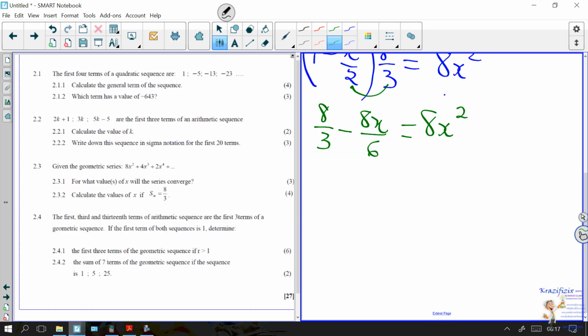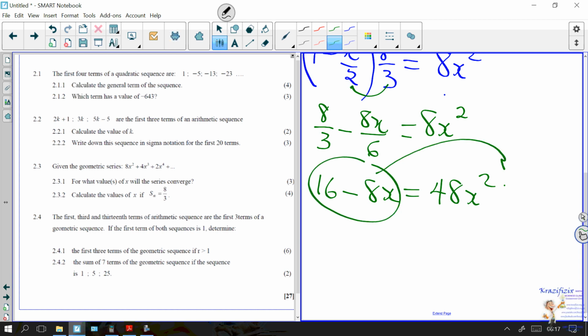Now, to make our life easy, let's remove the fraction, the denominator, by multiplying through by 6. So if I multiply through by 6, 8 over 3 times 6 would give me 16 minus 8x equals 48x squared. Okay, we can move everything over to the side.